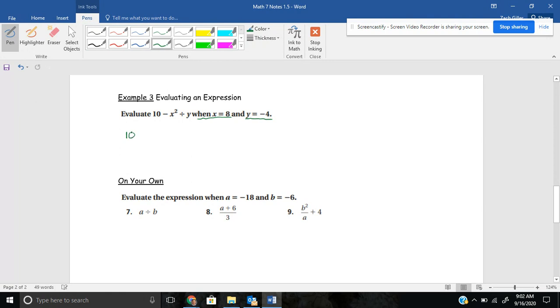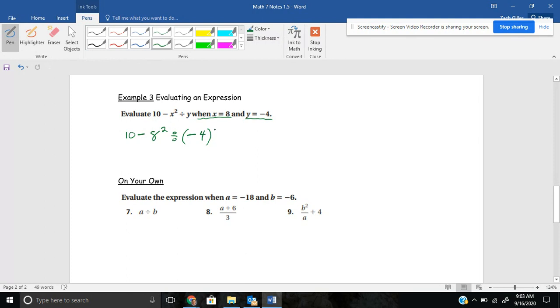So I'm going to write 10 minus, okay, instead of writing x, I'm going to substitute in 8. So 8 squared divided by y. And I know y is equal to -4. I'm going to add in parentheses here just so that it doesn't look like divided by subtracting. I know it's divided by a negative number.